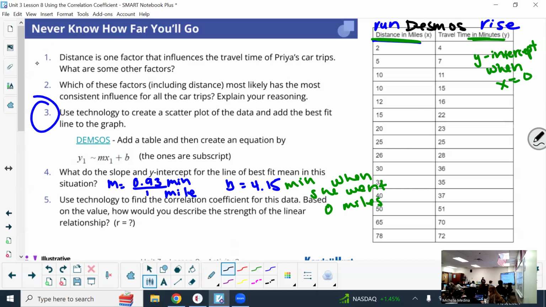What it started with, the parts that we skipped, it says what is a factor that influences travel time over car trips? So you could say traffic. Like she's still traveling, but she isn't going any distance because she's stuck in traffic. You could say red light. You could say get gas. Those are all factors that make this not a perfect linear relationship.